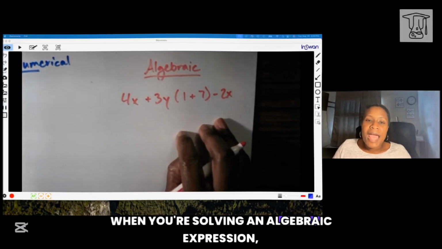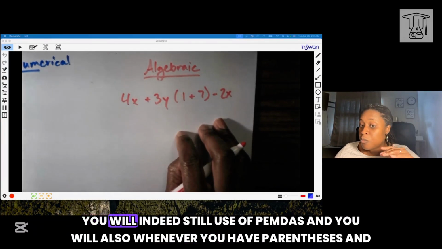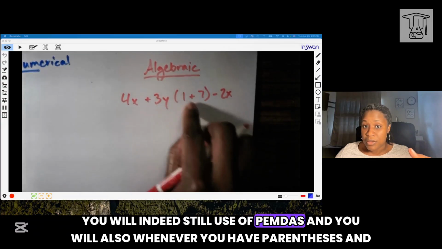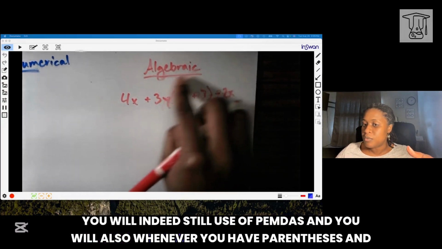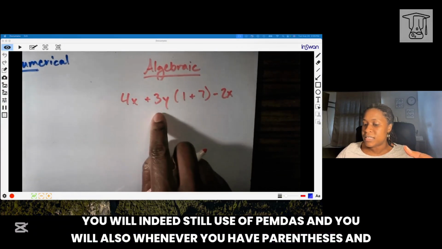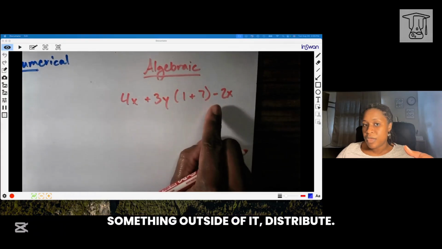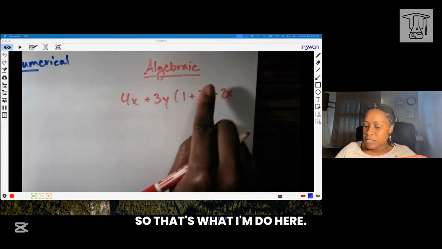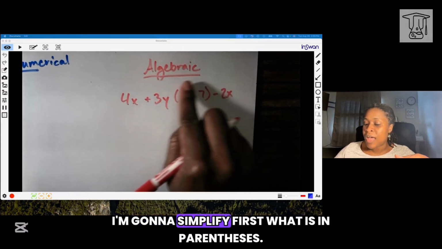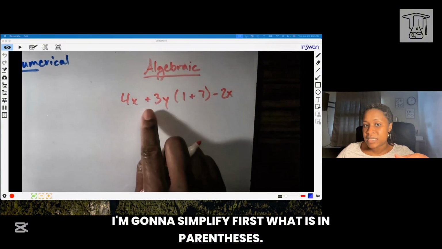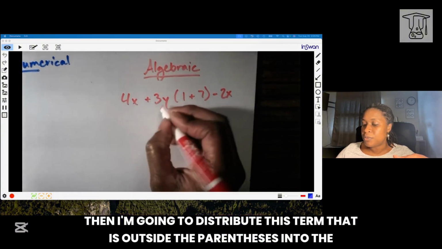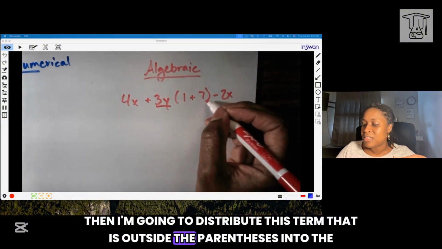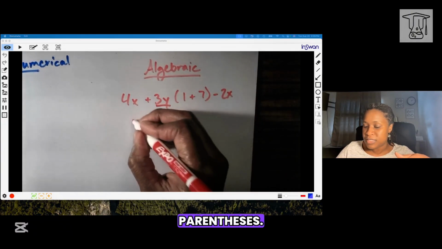When you're solving an algebraic expression, you will indeed still use PEMDAS. And you will also, whenever you have parentheses and something outside of it, distribute. So that's what I'm going to do here. I'm going to simplify first what is in parentheses. Then I'm going to distribute this term that is outside the parentheses into the parentheses.